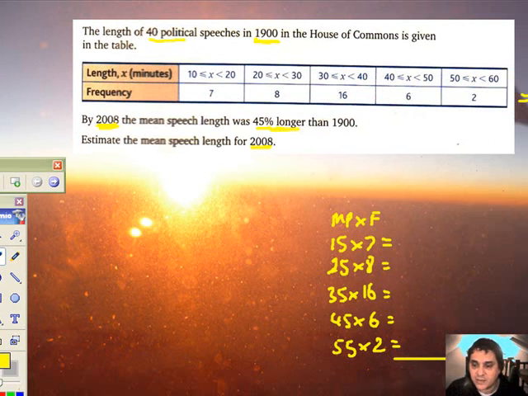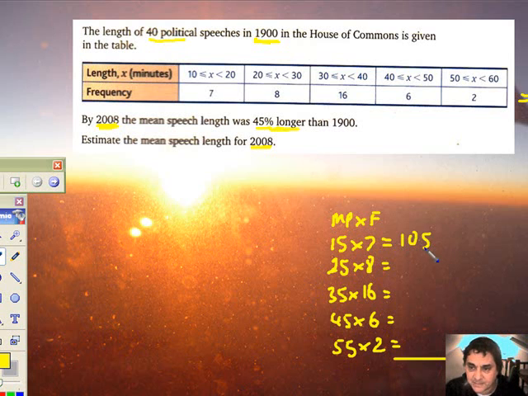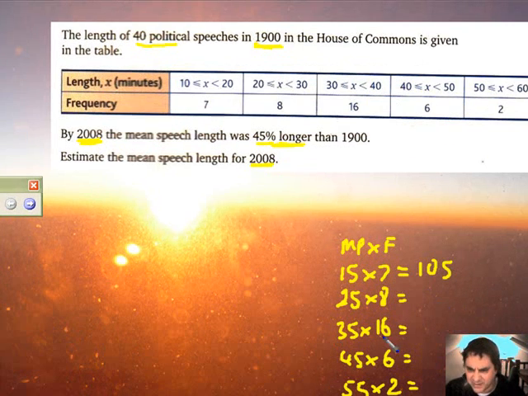Let's just get the total length of all 40 speeches together. So 7 times 15, let's do that quickly. 7 times 15 is 105 minutes. 25 times 8, I think that comes to 200 by the look of it. Yep. 35 times 16.